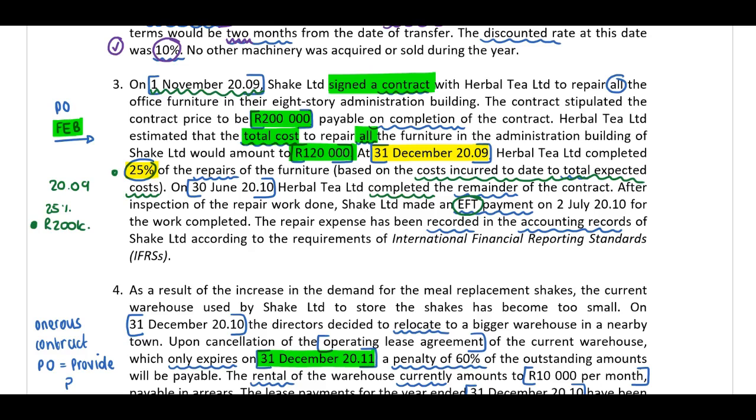Now, what do we need to identify in terms of this? At the end of 2010, there will be no longer this provision. Okay? Therefore, we do not have to include this provision amount in 2010 as they have already paid. They've made an EFT payment on the 2nd of July.